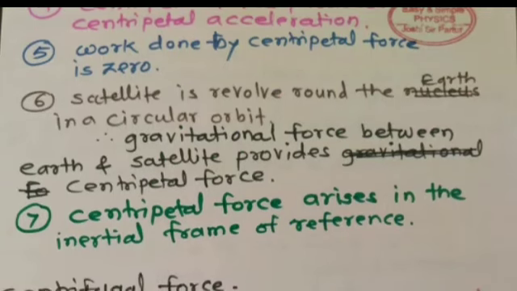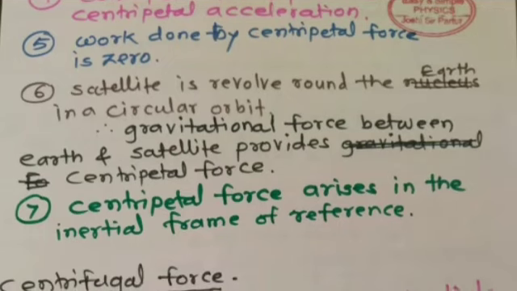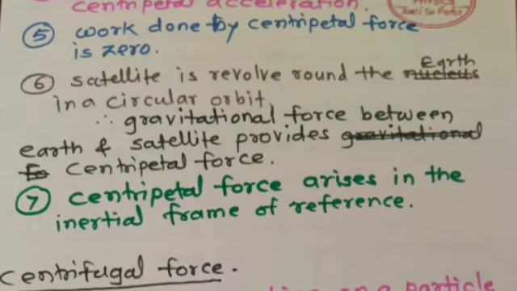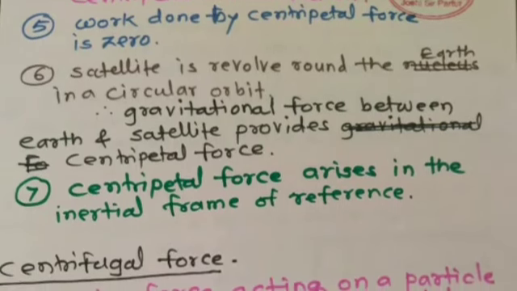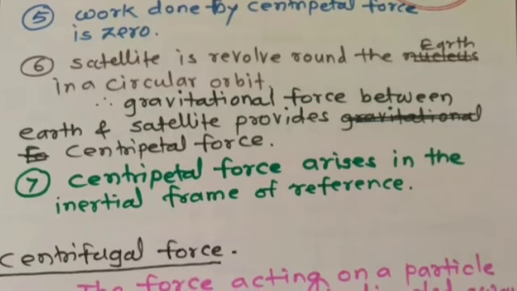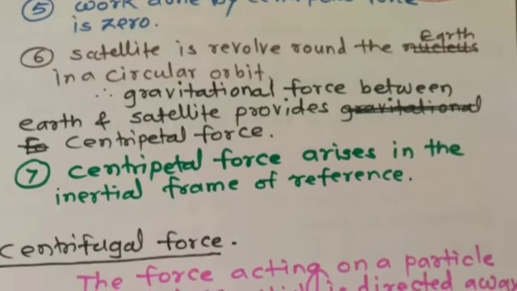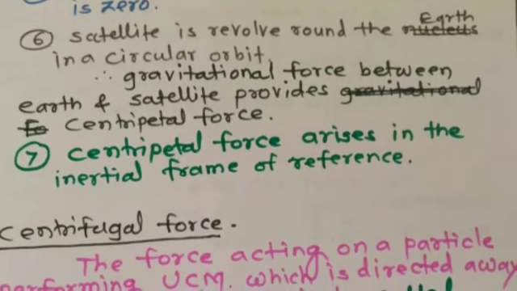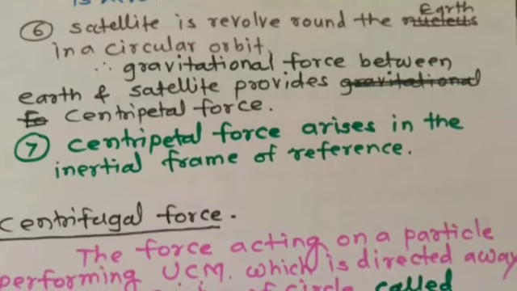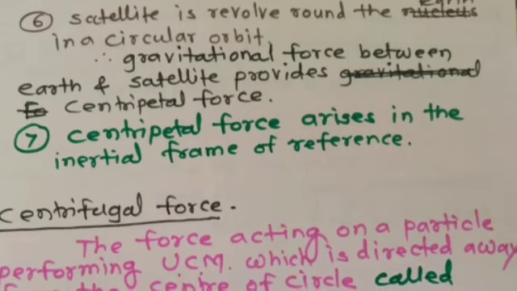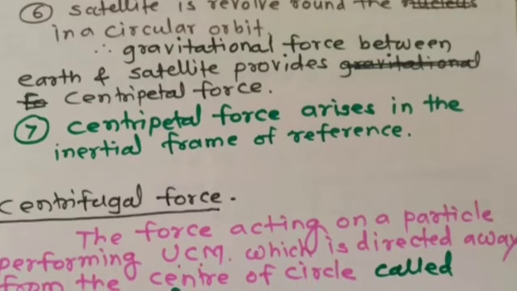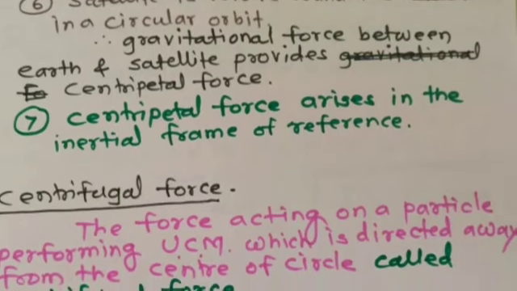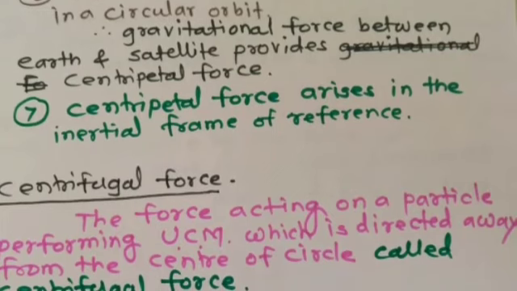Number 4, centripetal force produces centripetal acceleration. Number 5, work done by centripetal force is 0. Number 6, a satellite revolves around the earth in a circular orbit. Therefore, gravitational force between earth and satellite provides centripetal force. And number 7, centripetal force arises in the inertial frame of reference.